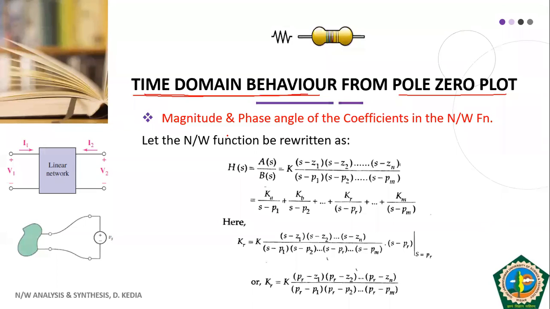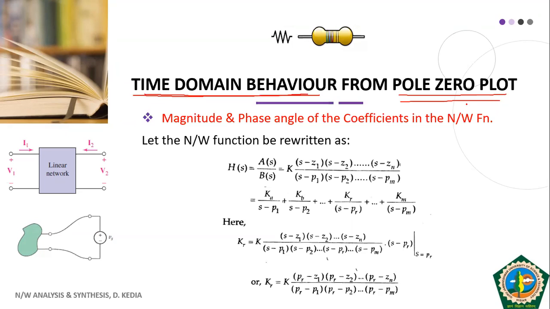Today also we will find out time domain behavior, but not directly by using inverse Laplace, but by using pole zero plot. So we will be discussing one more approach in order to obtain time domain behavior. I hope the purpose of this topic is clear to you.